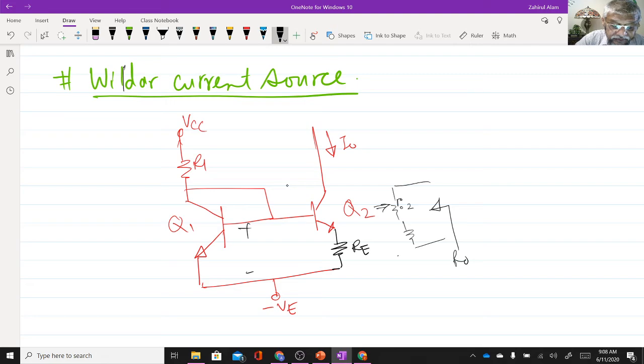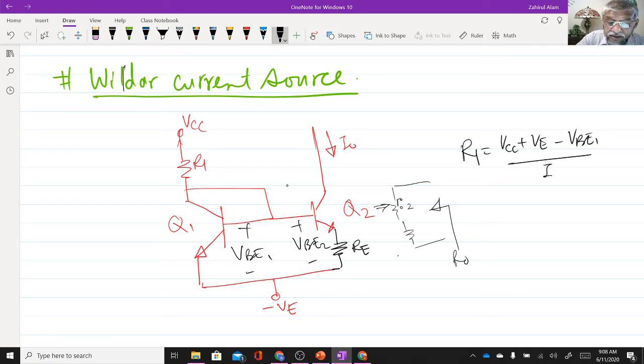So now how to design this one? We need to find the value of R1. This is the same as the 2 transistor case, VCC plus VEE minus VBE1 divided by IR.